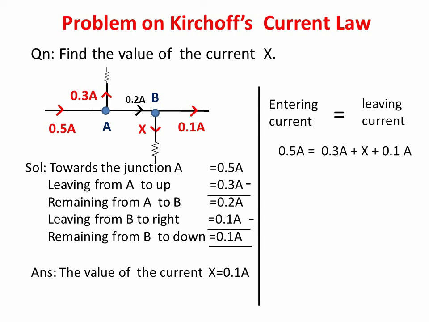See the red arrow marks: 0.3A plus X plus 0.1A. Here 0.3A plus 0.1A is 0.4A plus X. Next equation, X is equal to 0.5A minus 0.4A, which is 0.1A.